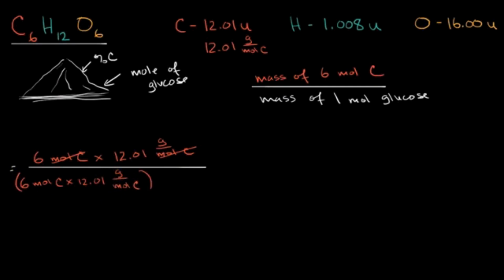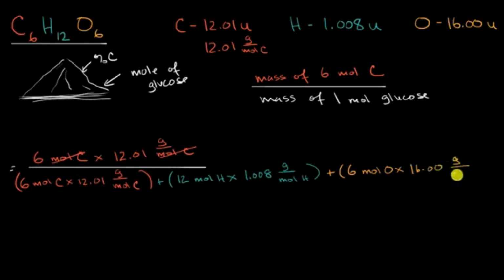To that, we are going to add the mass of 12 moles of hydrogen times the molar mass of hydrogen, 1.008 grams per mole of hydrogen, plus 6 moles of oxygen times the molar mass of oxygen, 16.00 grams per mole of oxygen.